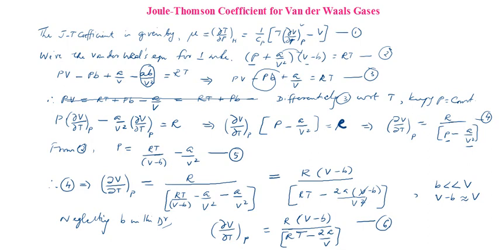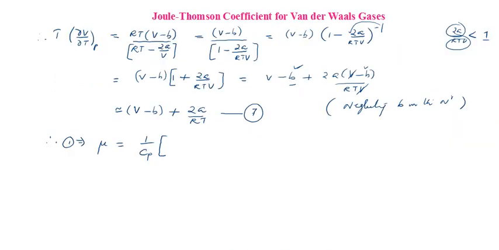We have found an expression for the first part, so I substitute there. That is v minus b plus 2a by RT. Then there was a minus v there, so this minus v and this plus v get cancelled.